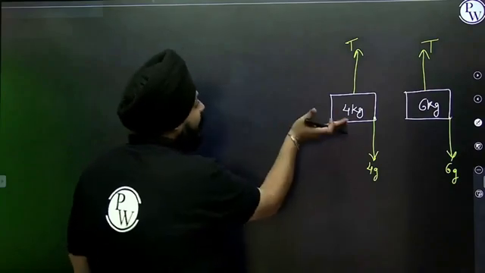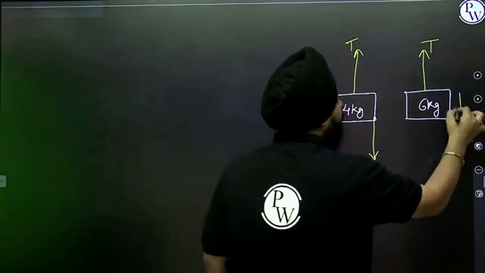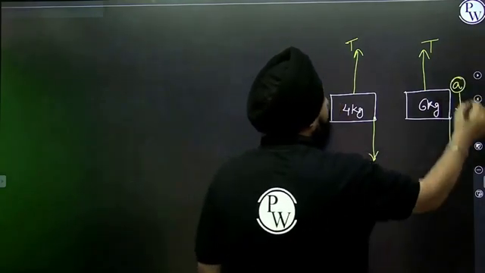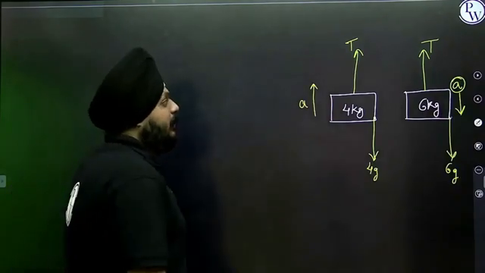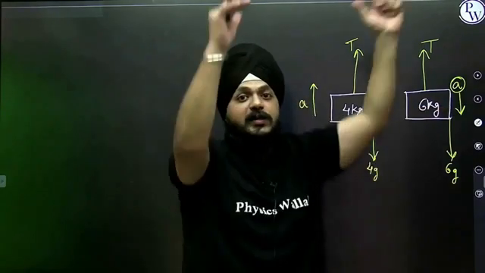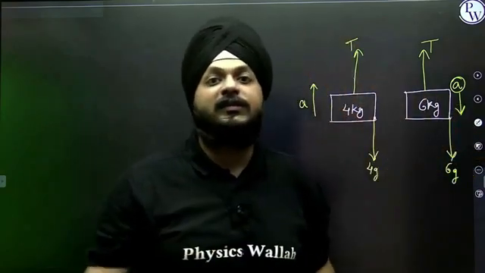Now, if the 4 kg block is moving upward, the net acceleration will be in this direction. Till now we have seen that the summation of all horizontal forces is 0 and the summation of all vertical forces is 0.